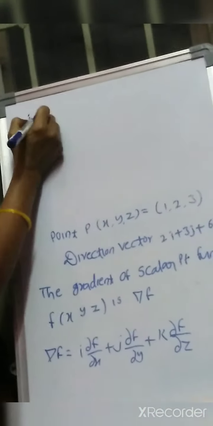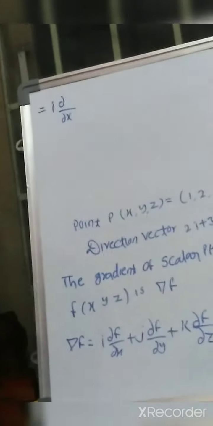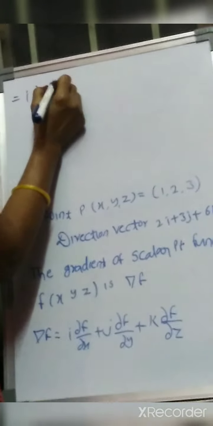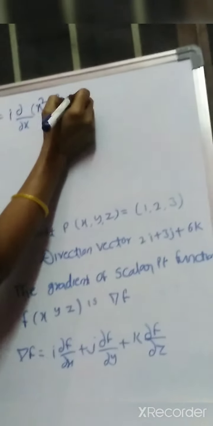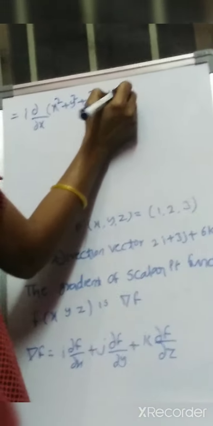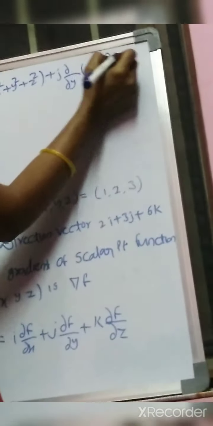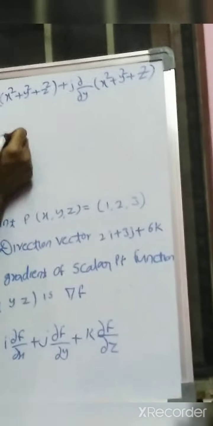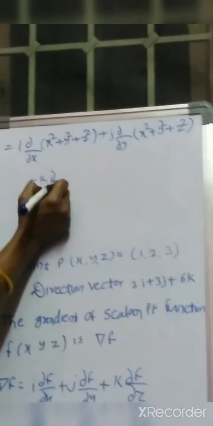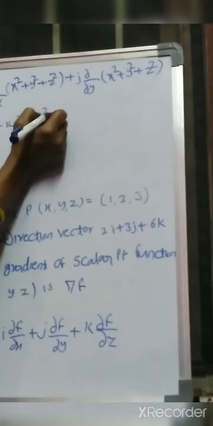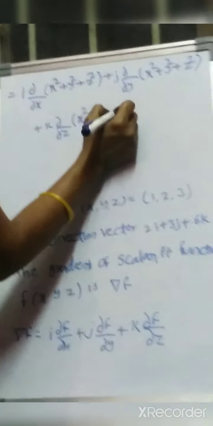So grad f is equal to i dou by dou x of x square plus y square plus z square, plus j dou by dou y of x square plus y square plus z square, plus k dou by dou z of x square plus y square plus z square.